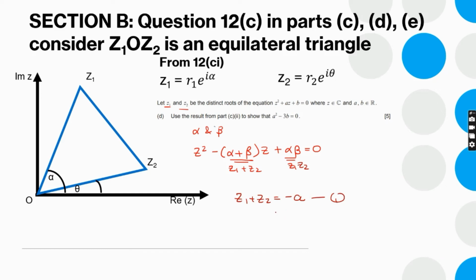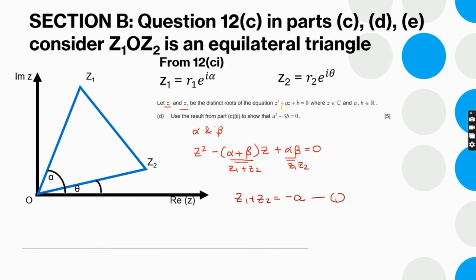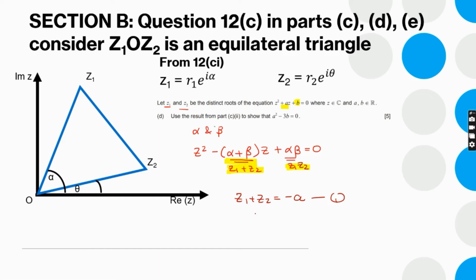Why do I say z1 plus z2 equals minus a? Because I'm comparing the a here with this part of the expression, which is equivalent to z1 plus z2. Then z1 times z2 is equivalent to your b here. So I'm going to form another expression based on that.